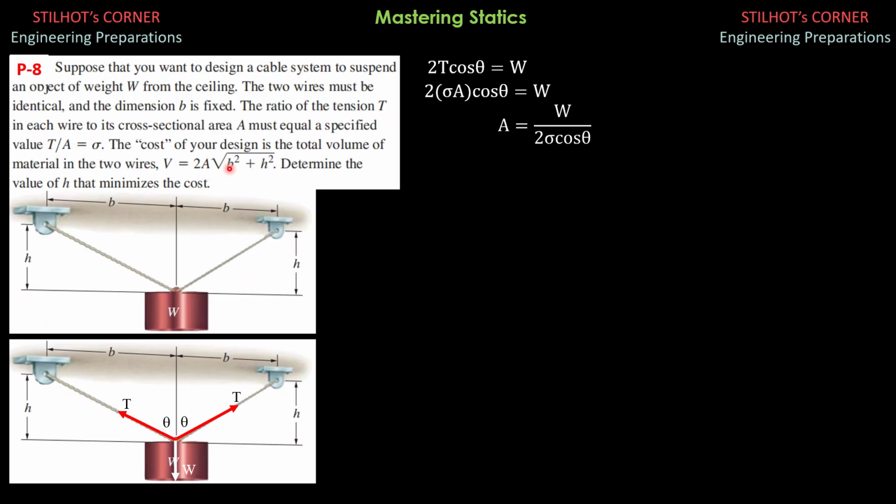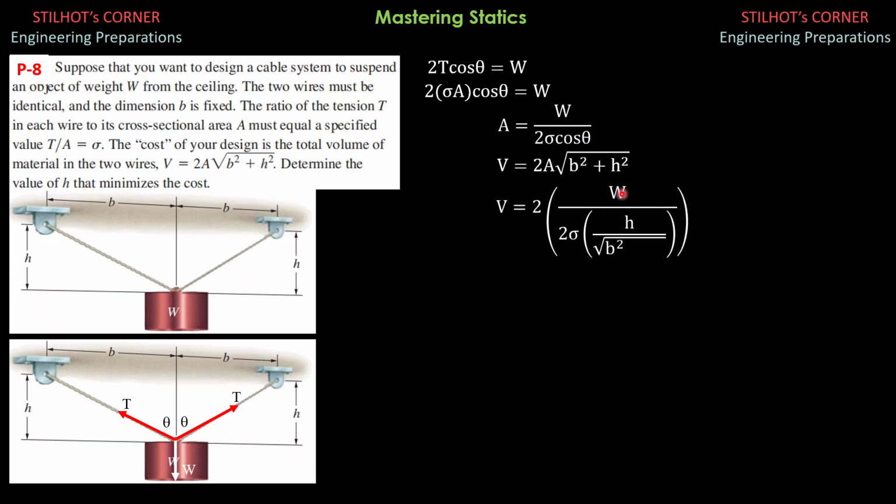Then substitute it into the formula for volume, 2 area times square root of B squared plus H squared. So 2 times area, which is W over 2 times sigma cosine theta, and cosine theta is H divided by the hypotenuse square root of B squared plus H squared, then times square root of B squared plus H squared.